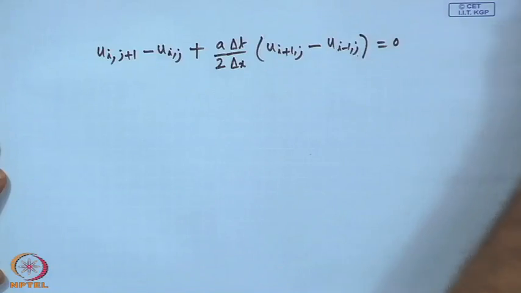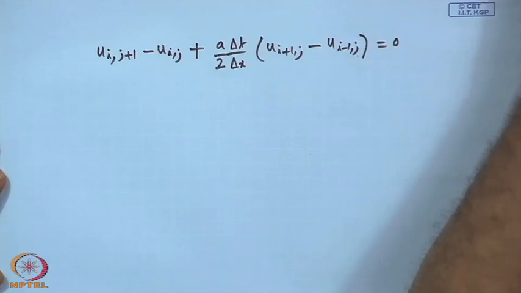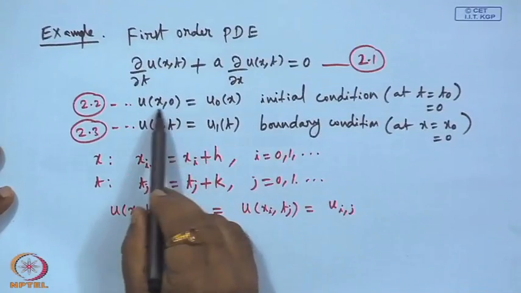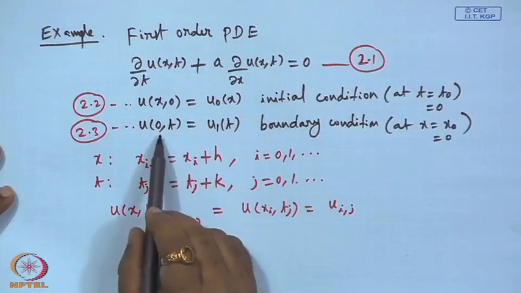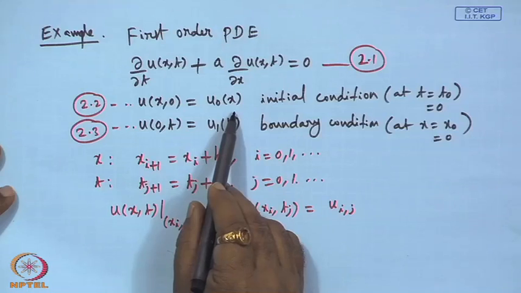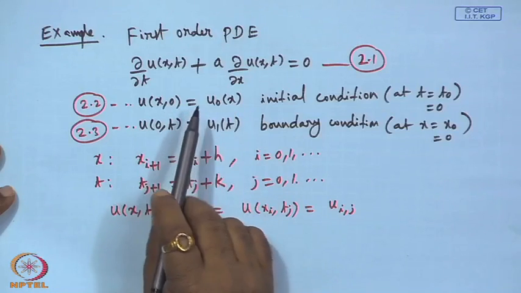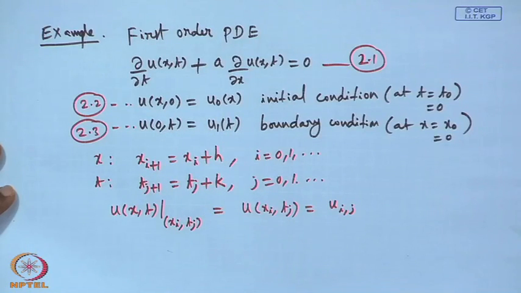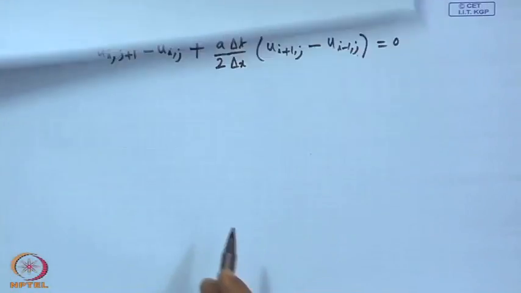However, if you recall the original equation, we have initial condition and boundary condition. Okay. So, it is our duty to discretize these as well. Let us consider the initial condition.